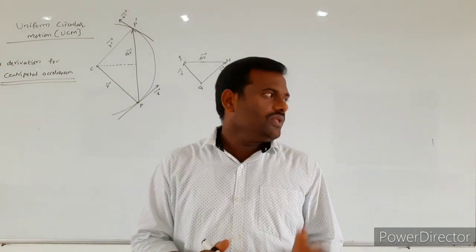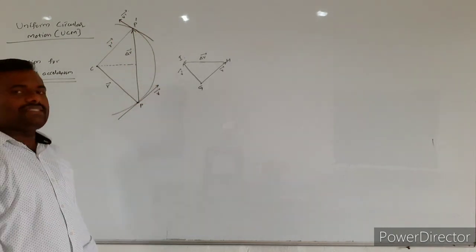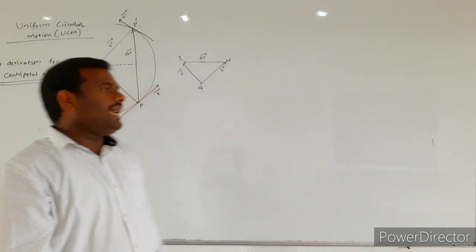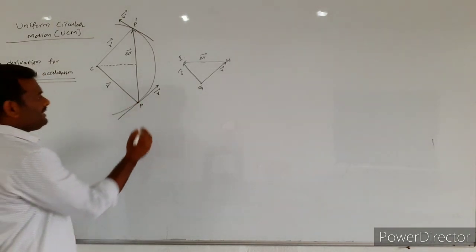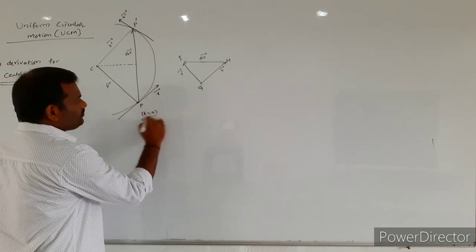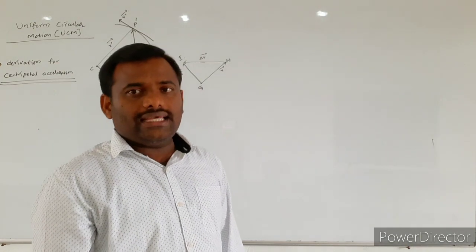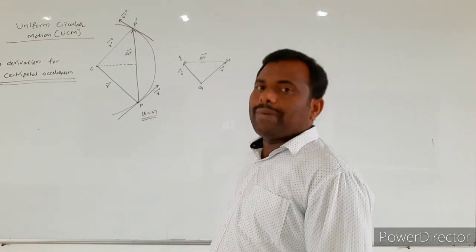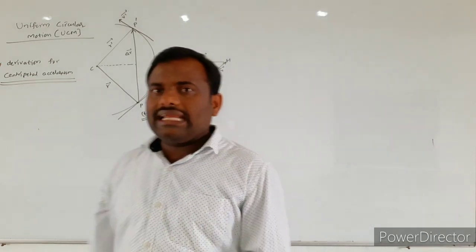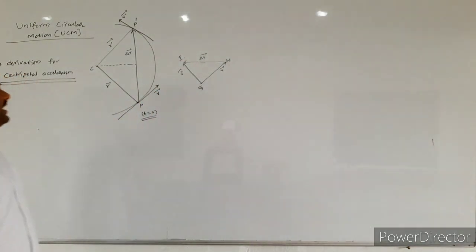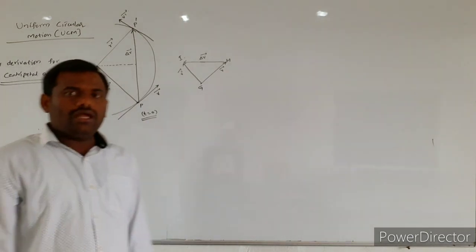Uniform circular motion. So let us assume this portion is indicating a part of the circle, and I am assuming that at a given instant, t is equal to 0, the position of the particle is at the point P. Whenever the particle is at the point P, its radius vector will be represented by r bar.